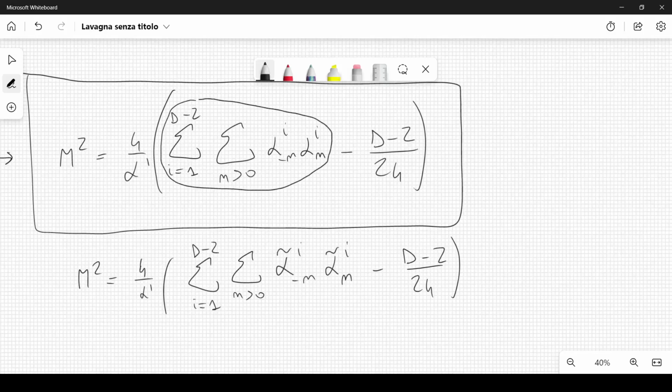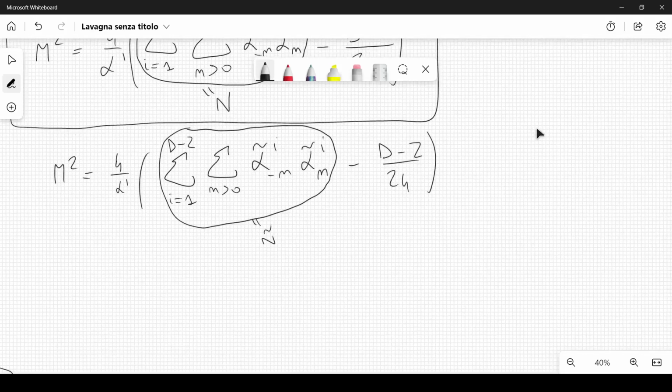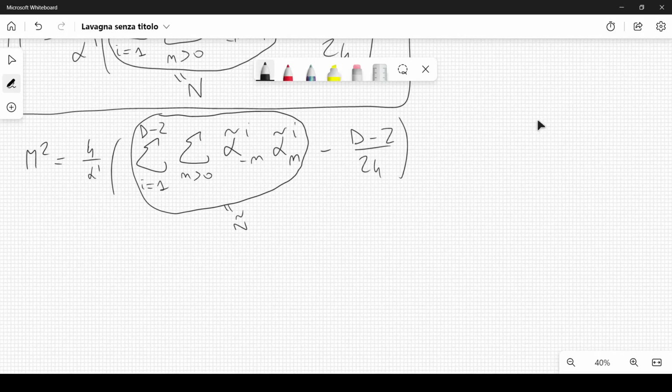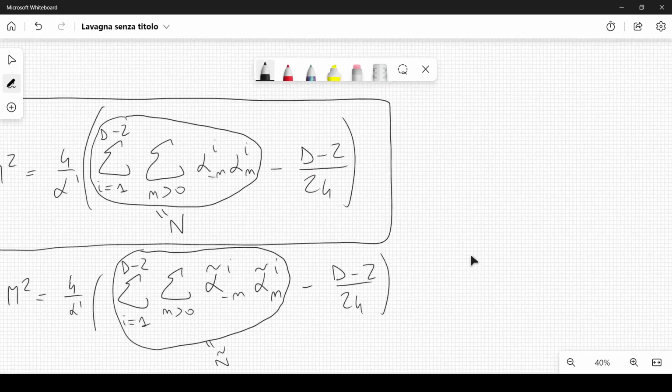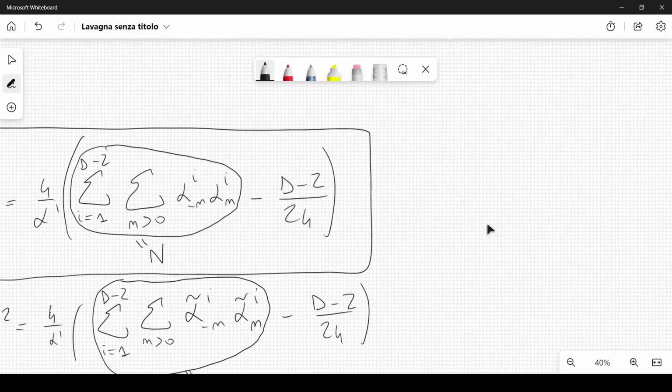So this is an operator because it is made up of operators. We can call it N, whereas we can call this one N tilde. They are some kind of number operators. So you should try to recall that from quantum field theory. They give us information about the number of excited states of the string, and it is not very difficult to understand why they are number operators. Because let's think about this one, for example.